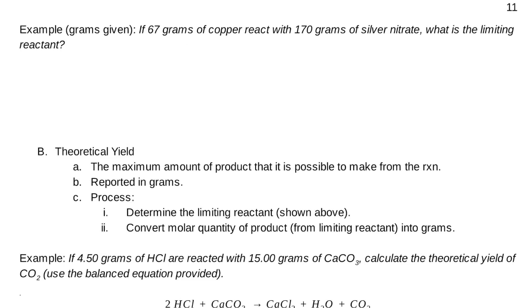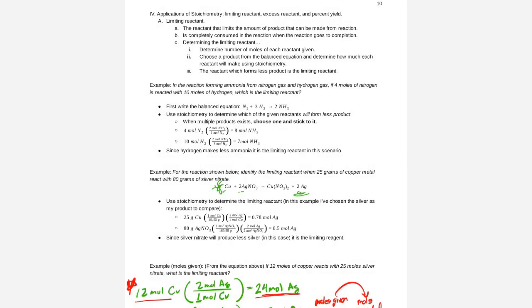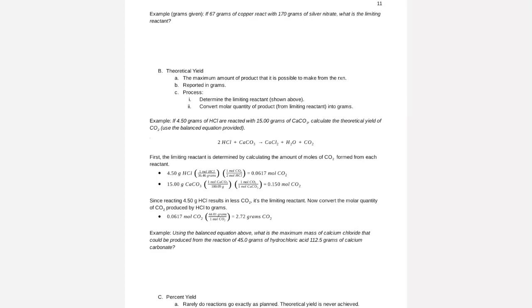Okay, in the example shown here, if 67 grams of copper reacts with 170 grams of silver nitrate, what is the limiting reactant? Let's get the equation down. 1 mole copper, 2 moles of silver nitrate.